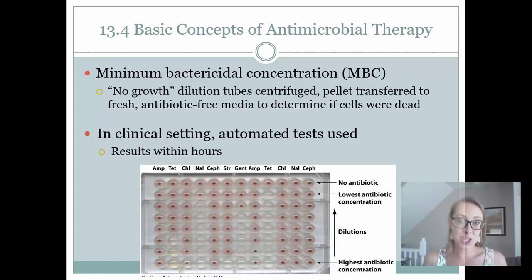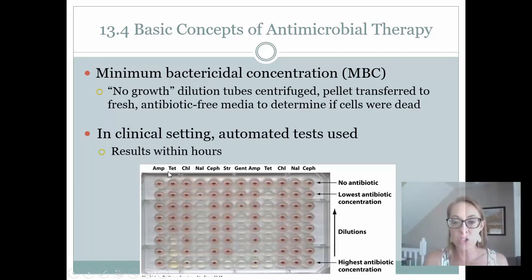So it's much, much faster. This is very similar to our tube serial dilutions, but we're just doing it on a much smaller scale using multiple antibiotics simultaneously. So we've got like ampicillin, tetracycline.